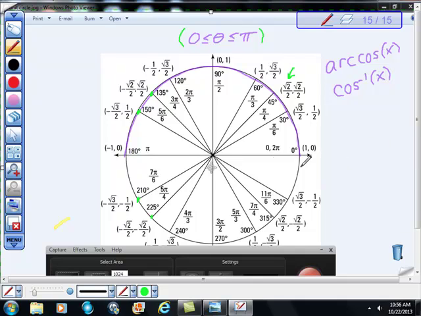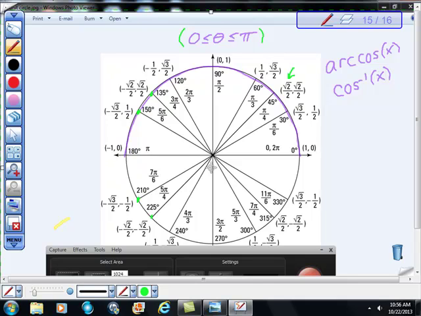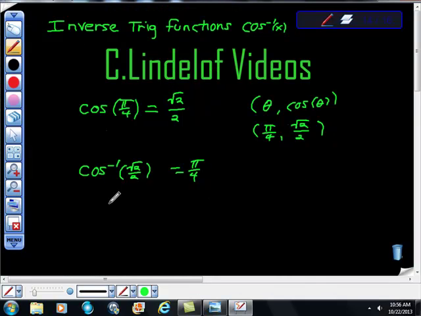So let's try a couple. Arc cosine of square root 2 over 2. What is arc cosine of square root 2 over 2? How would you find that? This is not the angular value. The question is, what angle has this cosine value? So we know where to look.